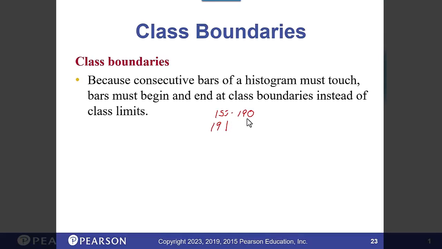But what if you had a data item that was between 190 and 191? Say, for example, suppose your data item is 190.7. It's going to fall between those classes. That's not good.